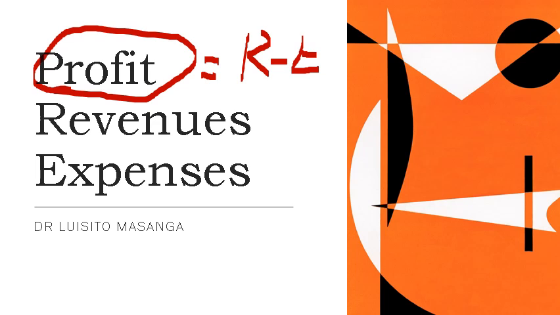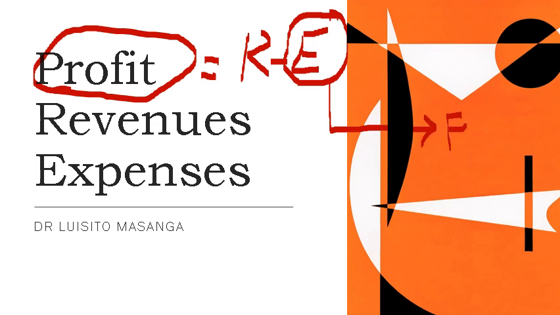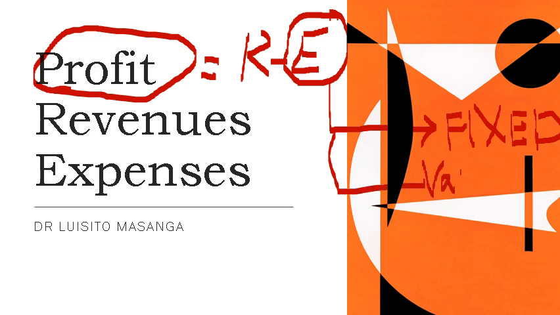Again, in expenses, there are two types. One is fixed expenses, and the other one starts with the letter V, variable expenses. What is the difference between a fixed expense and a variable expense?